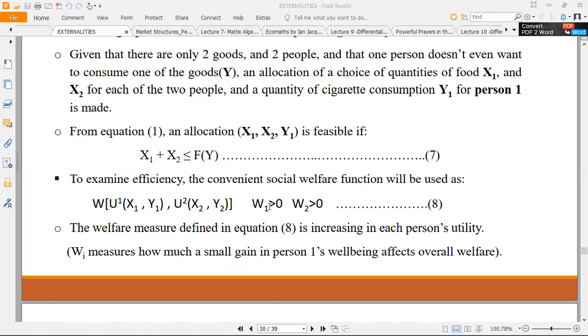What this means is that whenever one person becomes better off, the entire society also becomes better off. Just one person becoming better off means that there's an increase in the social welfare.